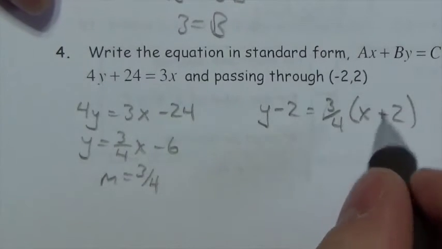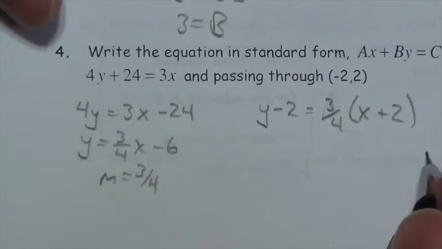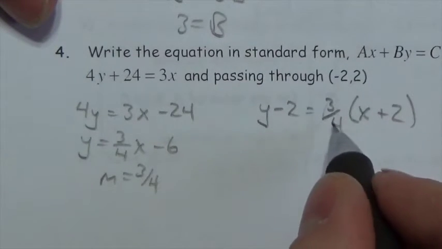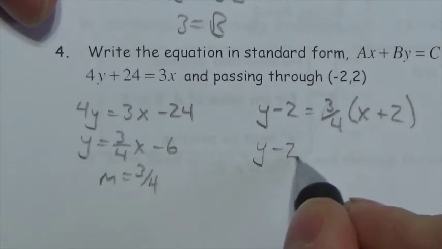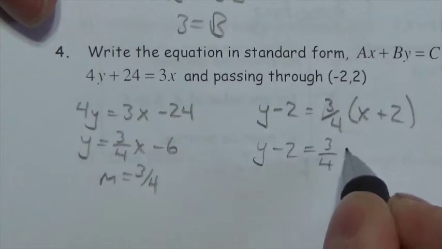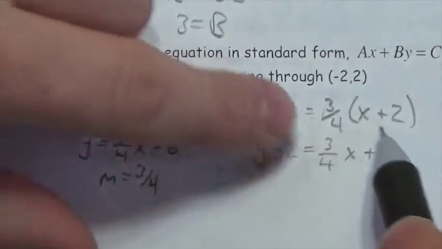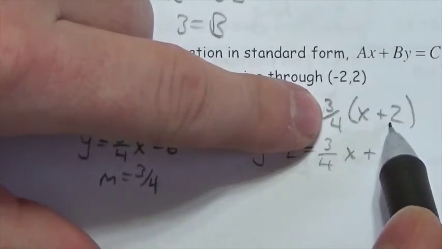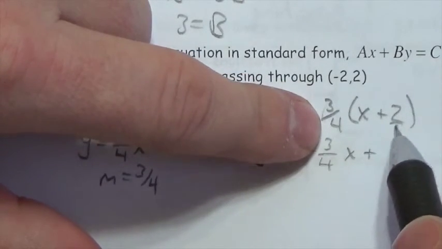Once I've got it in point slope form, or depending on the circumstance, maybe slope intercept form, first thing I might do is multiply this thing through. Okay, so y minus 2 is going to equal 3/4 x plus, okay, now if you multiply 3/4 by 2, remember this is like multiplying by 2 over 1, so it's going to become 6 over 4.